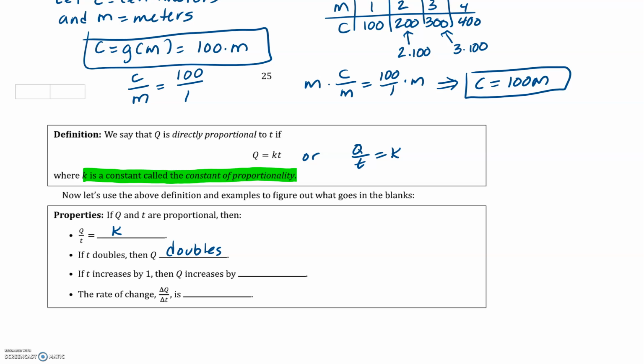If T increases by 1, then Q increases by K. This is like a rate of change. And we saw that as it increases by 1, this increases by 100 here on the example above. The rate of change, oh, there it is, delta Q over delta T is also K when you have proportionality.